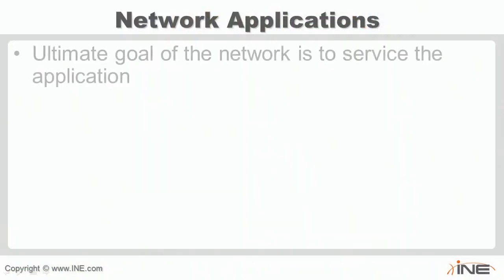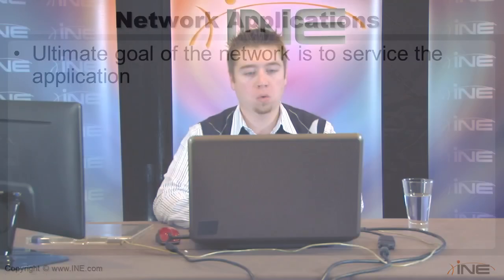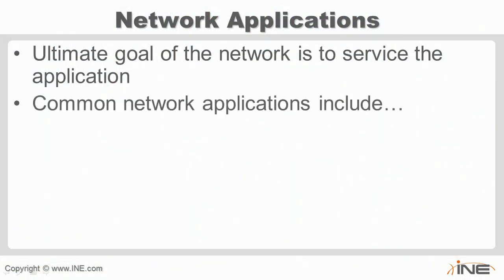So as I mentioned before, this is always our ultimate goal with the network, that there's some sort of application, whether it be web browsing or stock tickers for financial, that's going over the network, and we need to make sure that we're providing the correct level of service. So some of the common ones, I'm sure pretty much everyone's already familiar with them.